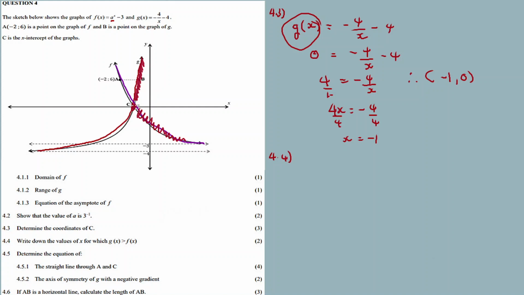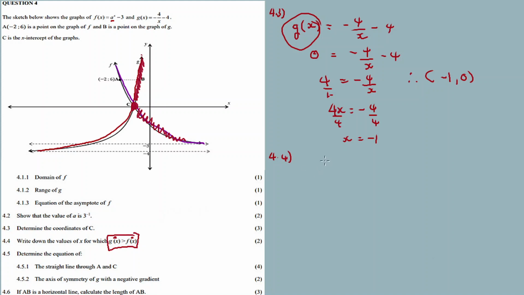So from point C I see that g becomes above, then f becomes below. G must be above, f below. So what are the x values that will make g above and f below?